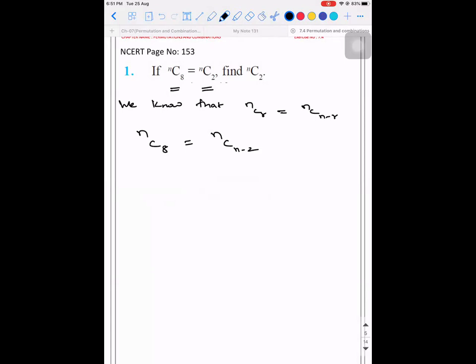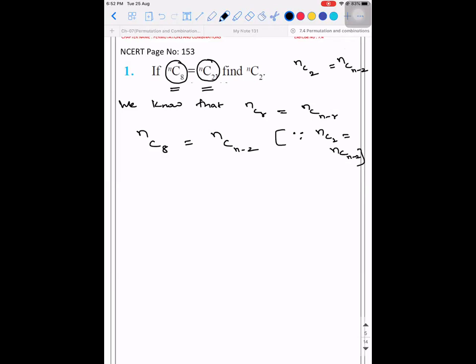Yes, sir. Why did I write n minus 2? nC8, I didn't disturb. What did I do? I wrote this nC2 as nC(n minus 2), since nC2 is equal to nC(n minus 2).